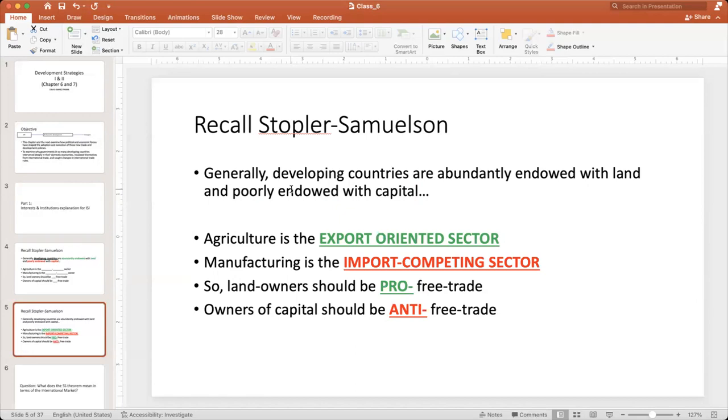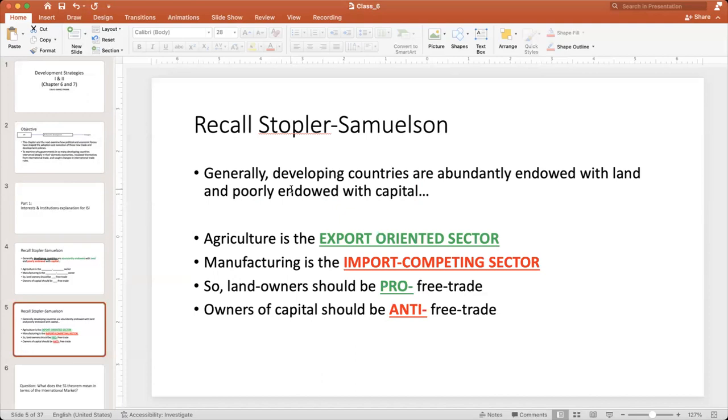Why? Because manufactured goods require higher levels of capital. So because of that, agriculture is the export-oriented sector. They are going to have competitive advantages. Their agricultural production cost is lower in comparison to the developed countries. That's why they are going to export agriculture.